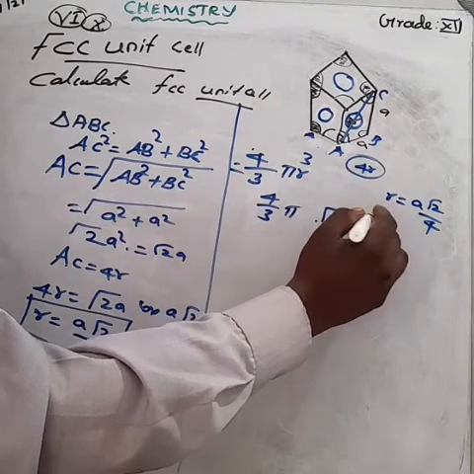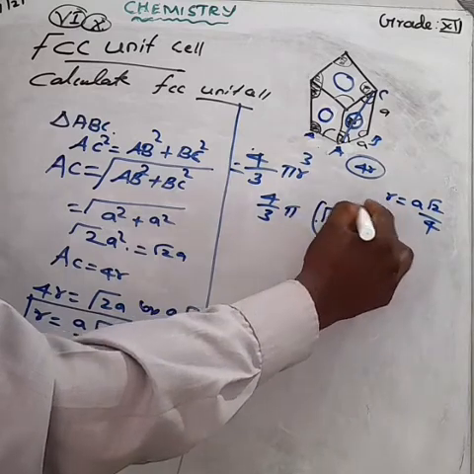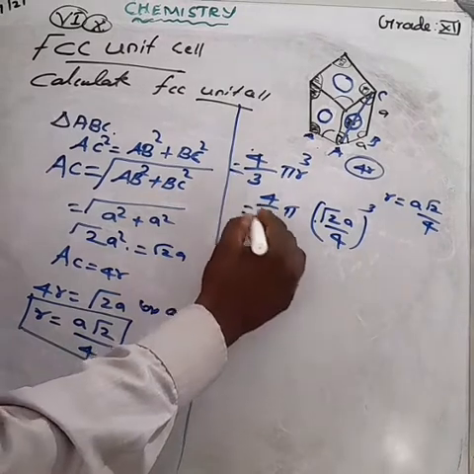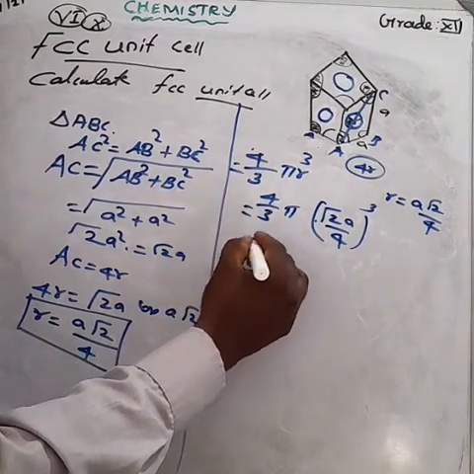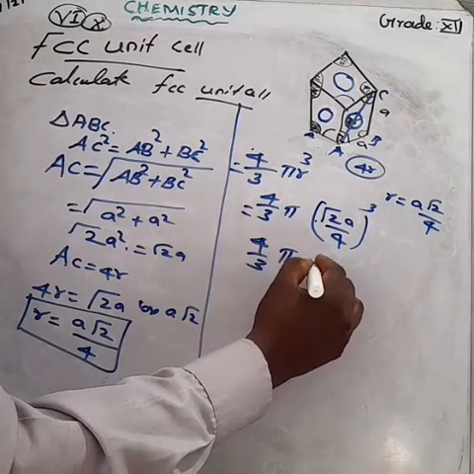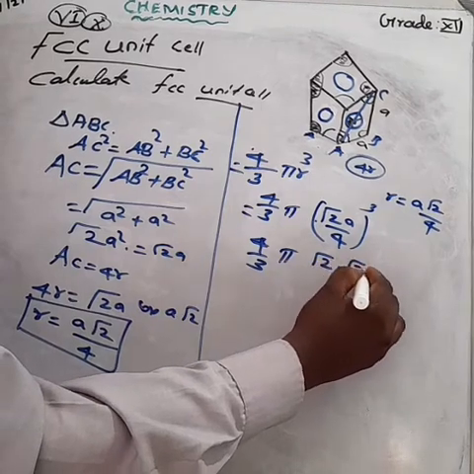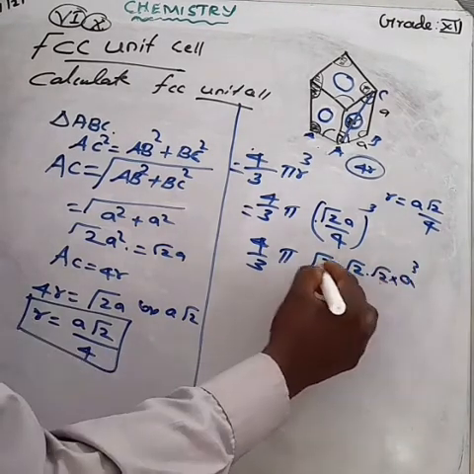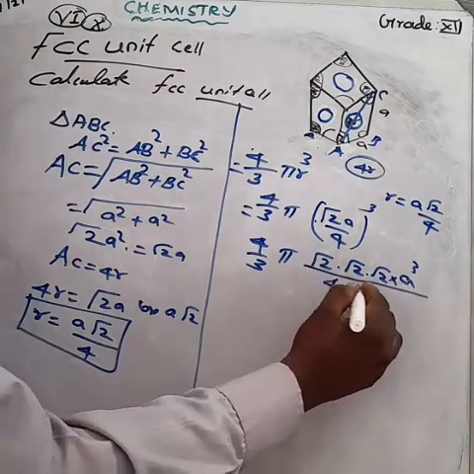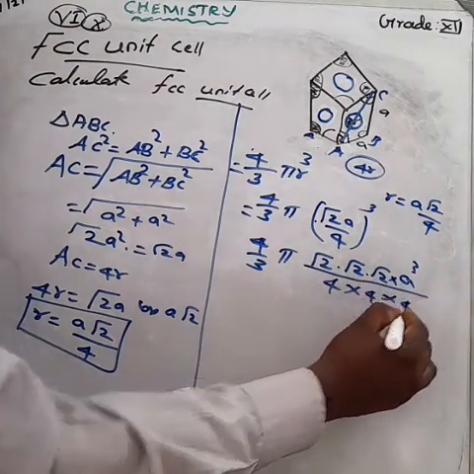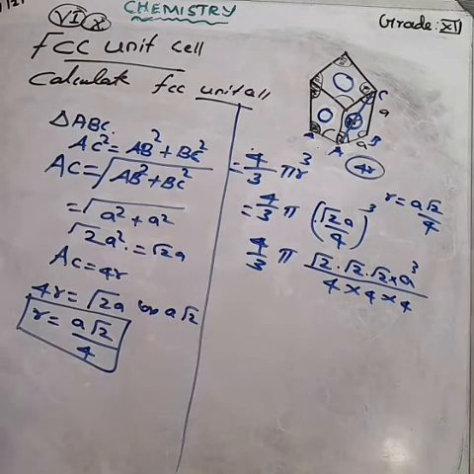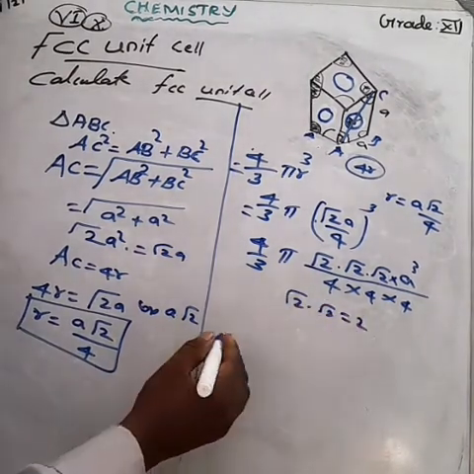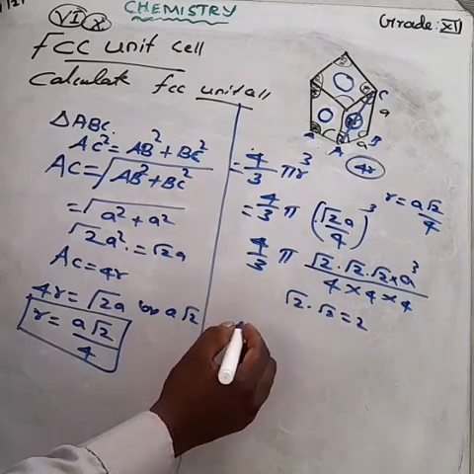Am I right? This can be written as 4 by 3 pi into root 2 cube into a cube divided by 4 into 4 into 4. Here root 2 into root 2 we can write as 2.